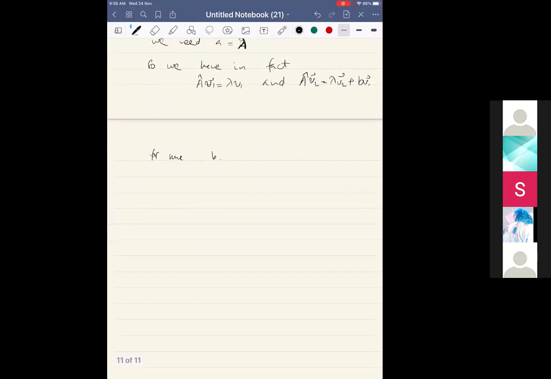Now, exercise: the necessary and sufficient condition for the dimension of the kernel of lambda IV minus A hat to be equal to 1 is that B is non-zero.